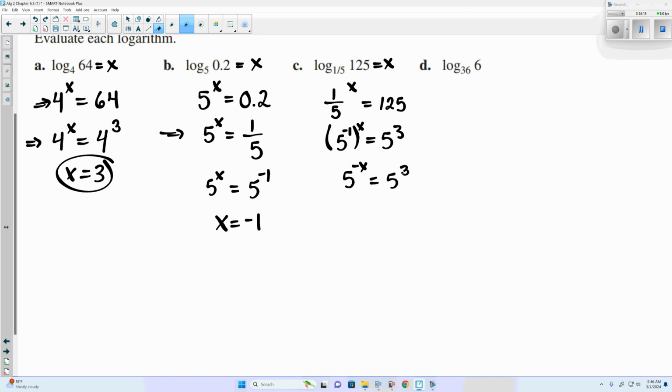So we're saying 5 to the -x is equal to 5 to the third power. Right, we're saying -x is equal to 3. We can multiply or divide by -1, telling us x is equal to -3.